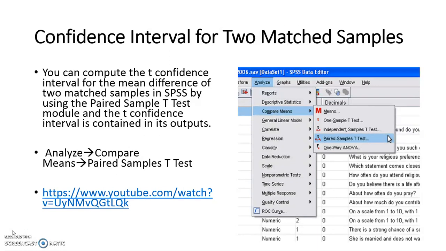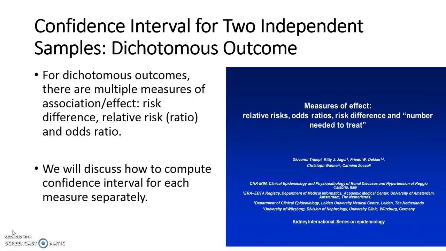I also provided the link to a YouTube video about how you can actually perform the t-test for matched samples. And as a result, you can get the confidence interval from its outputs.